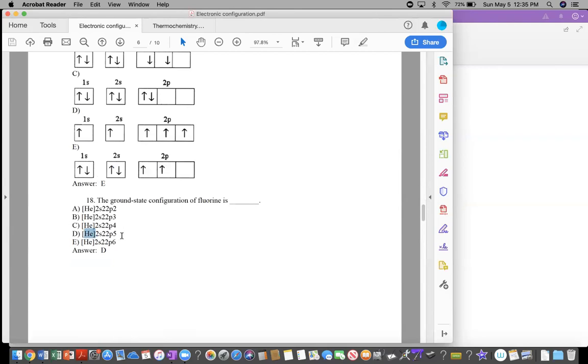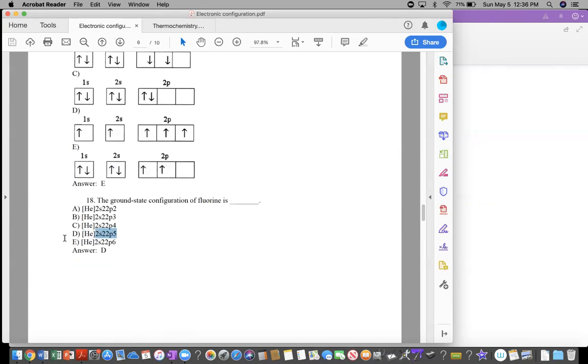This is called an abbreviated electronic configuration. So helium has 2 electrons, and then there's 2 and 5, 7 shown here. 7 plus 2 is total 9. So when you're counting this, don't just count these 2 that you see, but also helium, which has 2 electrons.